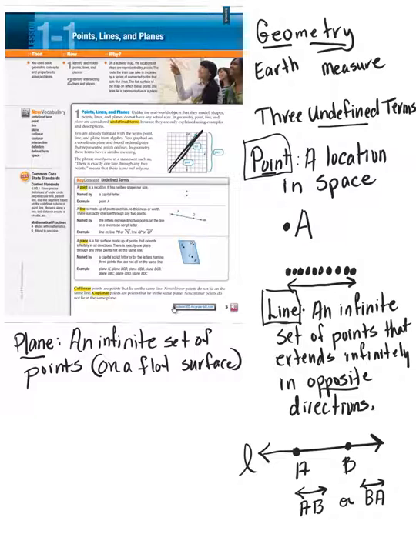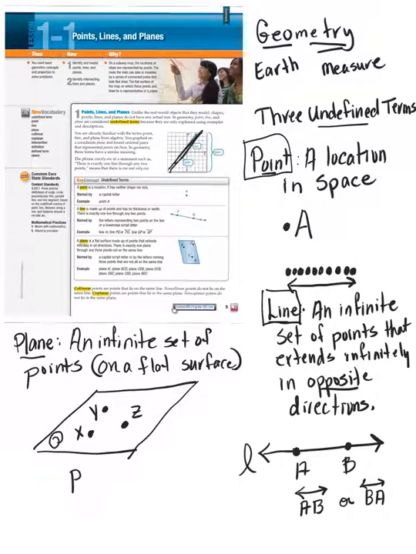To name a plane, we're going to either use an uppercase script letter. So when we draw a plane, we usually draw a slanted parallelogram, because that on the paper kind of indicates depth. So we've got a plane here, so I'm going to put an uppercase script P for plane. Or I can use 3 points on the plane, but those 3 points can't be in a straight line.